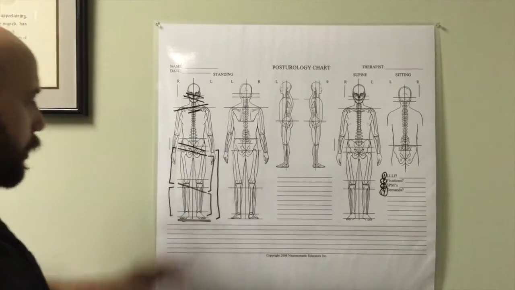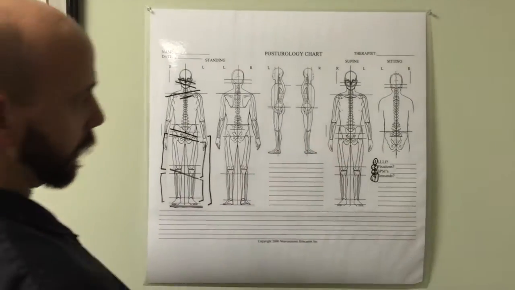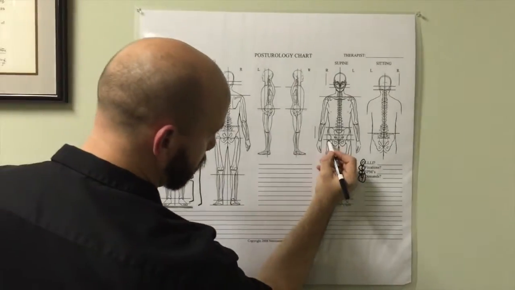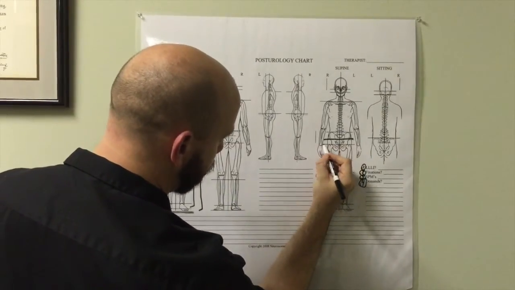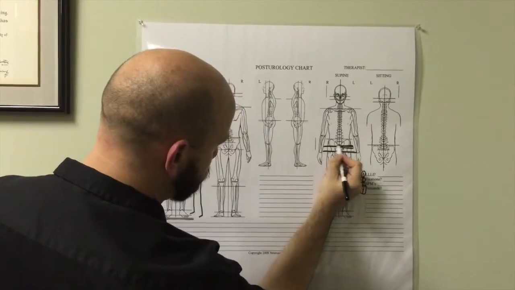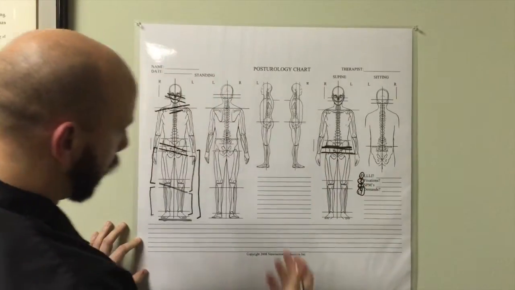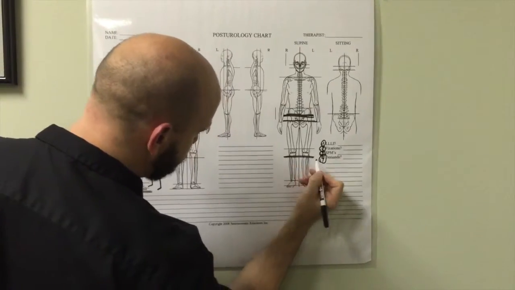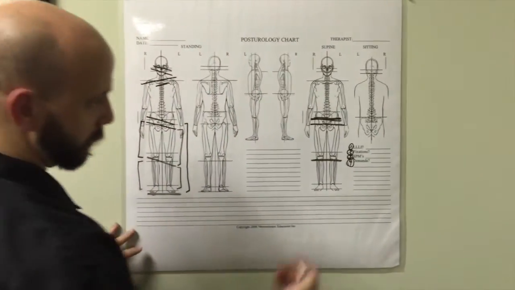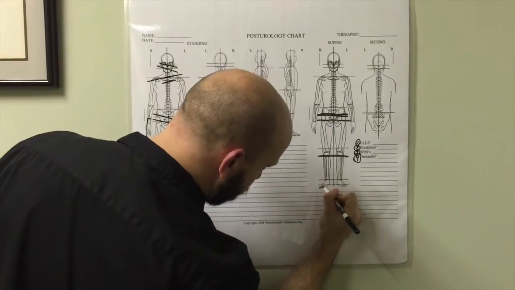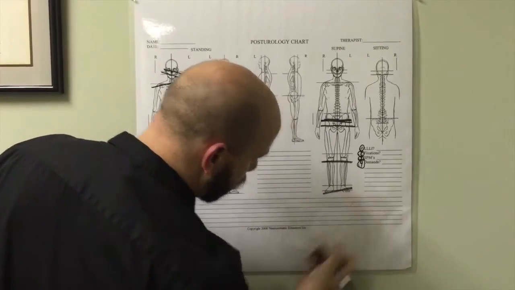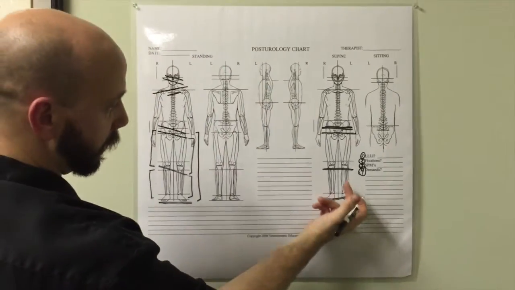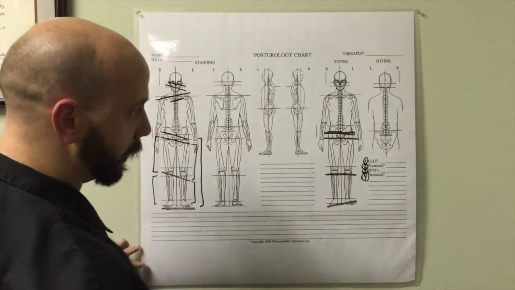Then we'll compare that to our supine measurements, which could look something like this. When they lay down, their hips are balanced, and the tibial tuberosities are balanced. But then we see the left heel pad being superior and the right one being inferior.